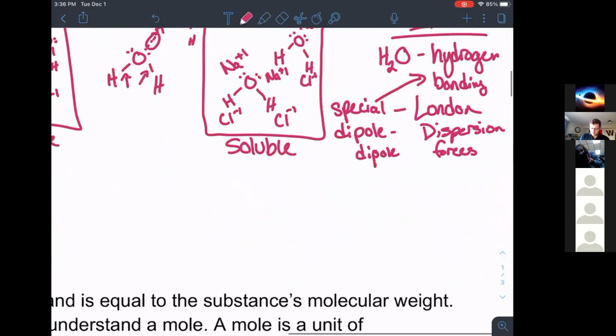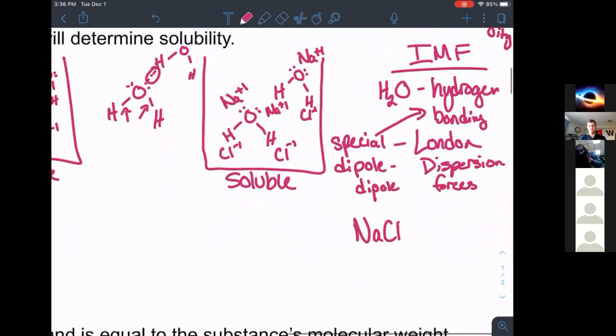If we're talking about sodium chloride, NaCl, what intermolecular forces do we have there? What forces keep sodiums and chlorines near each other to make that table salt?